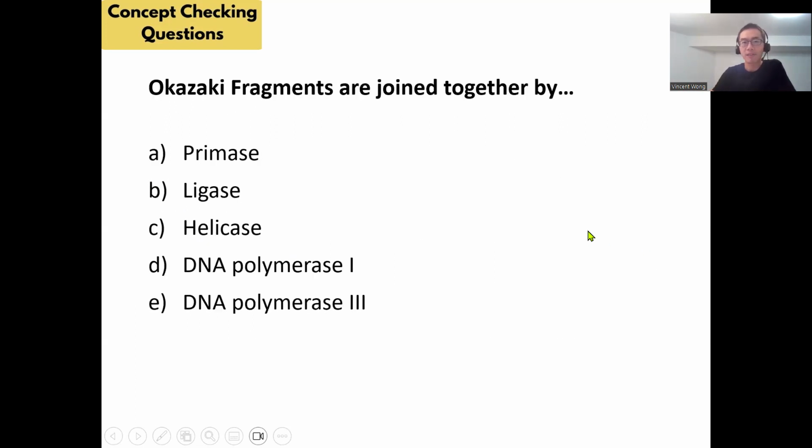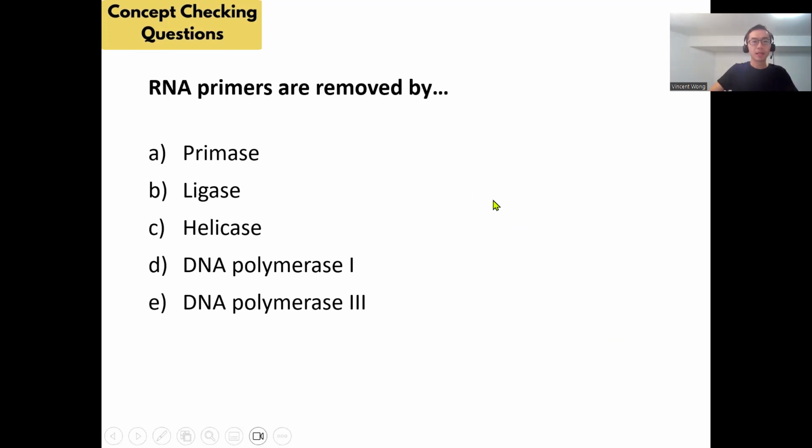Next, Okazaki fragments are joined together by, the correct answer is ligase. That's the glue that forms the covalent bond to connect the nucleotides together. Here's another one.